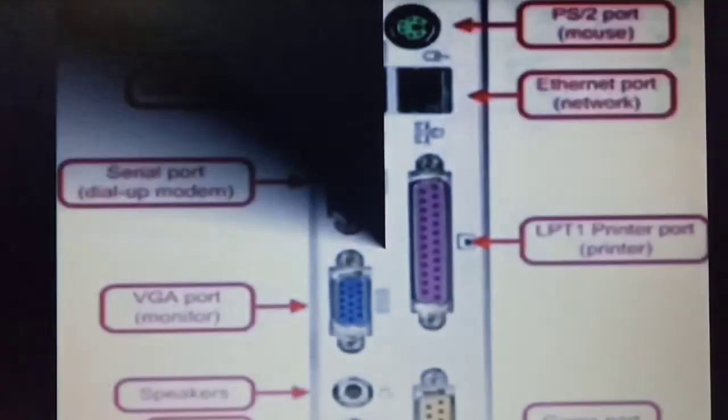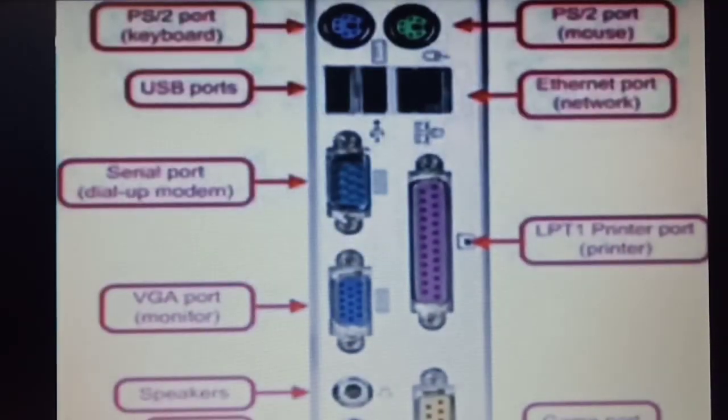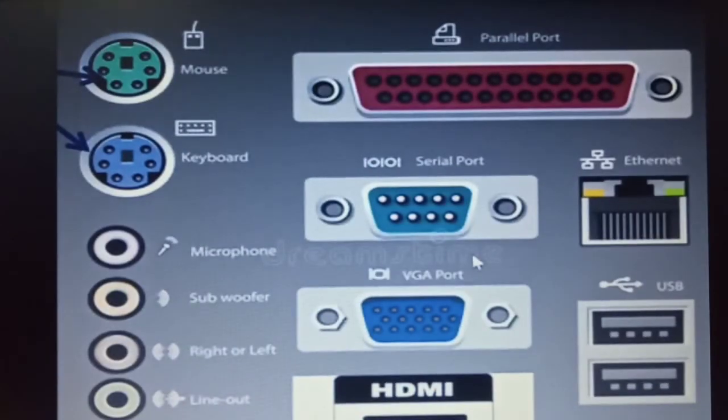Now you can see the back side of the computer cabinet with the different ports. Mouse port, keyboard port, parallel port, serial port, USB port, video graphic port, line in port, microphone port, LAN port and line out port. So these are the ports. You can see the back side of a computer cabinet with different ports.